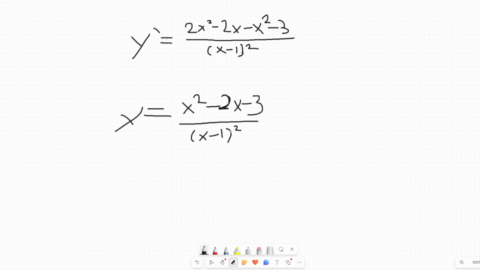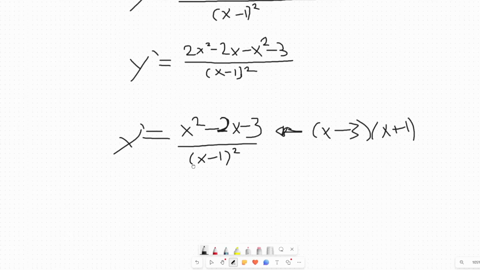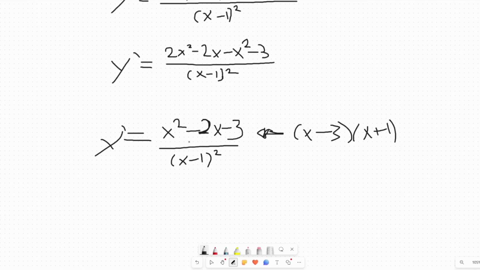Okay, you could factor this into x minus 3 times x plus 1, but that doesn't do anything for you here because you can't cancel it with the x minus 1. So you can just leave it like this unless your teacher is very specific about how they want it formatted.